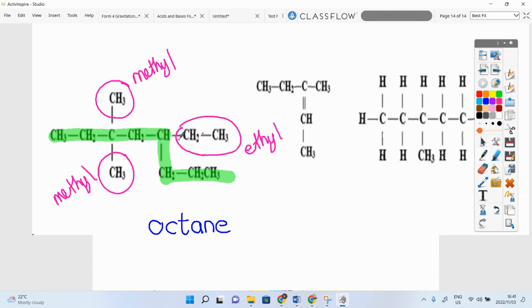You're going to make the number the smallest, but if they're on the same number, then you look at the alphabet. But this is closest here, so you're going to go 1, 2, 3.